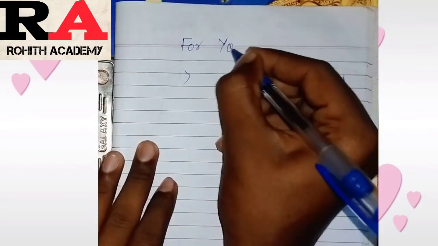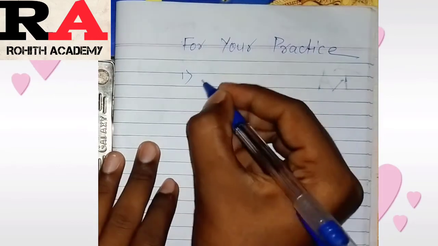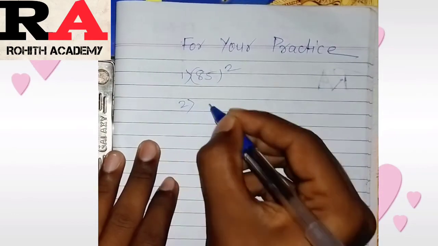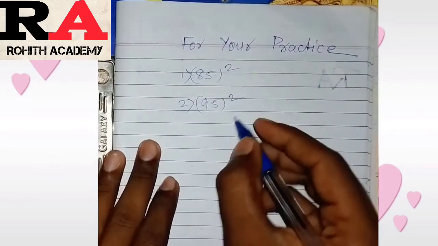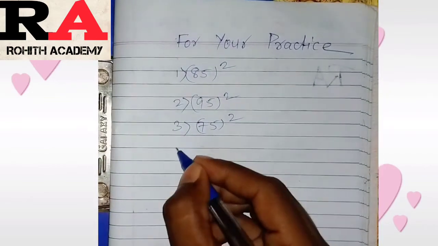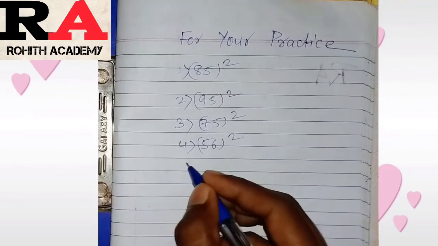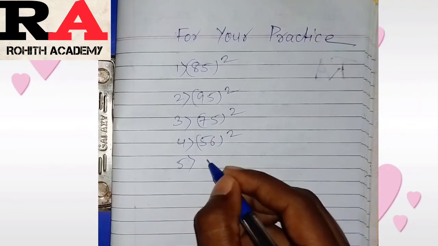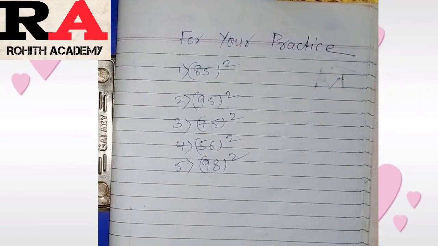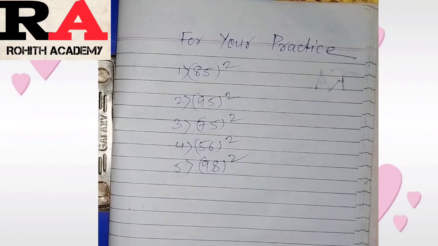First find 85 squared, then 95 squared, third is 75 squared, fourth 56 squared, and last, fifth, 98 squared. Find these squares using this method and comment to tell me whether you understood or not. From this I will know whether you understood this topic.